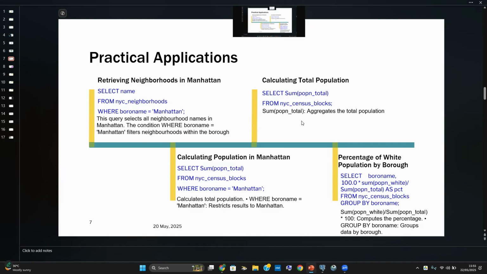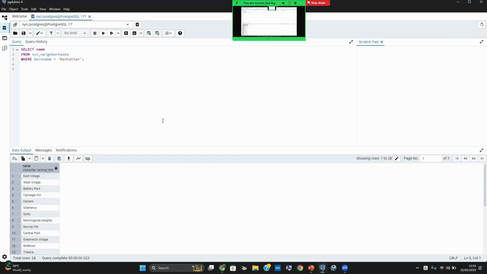And a use case for this type of query is that it allows us to do demographical studies or analysis and reporting on a more efficient scale. All right.